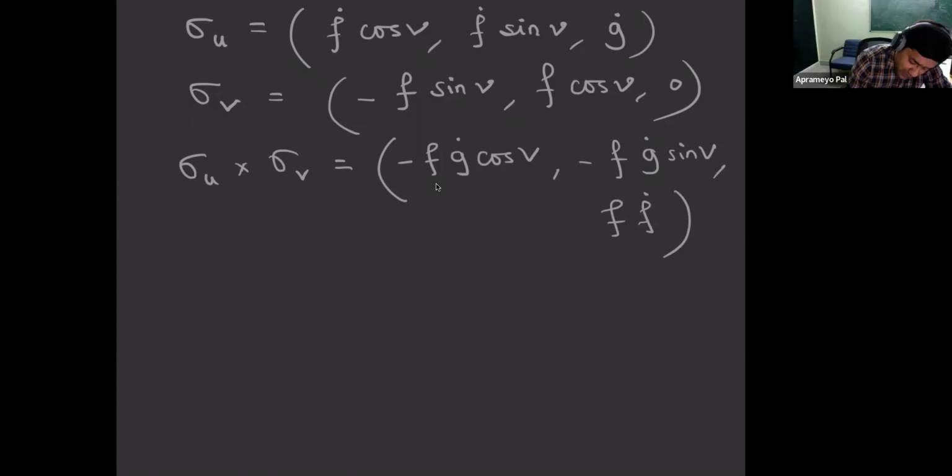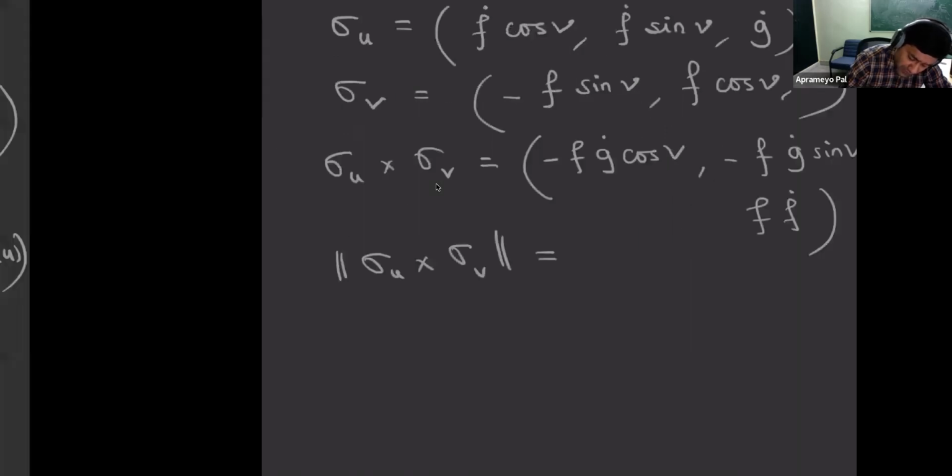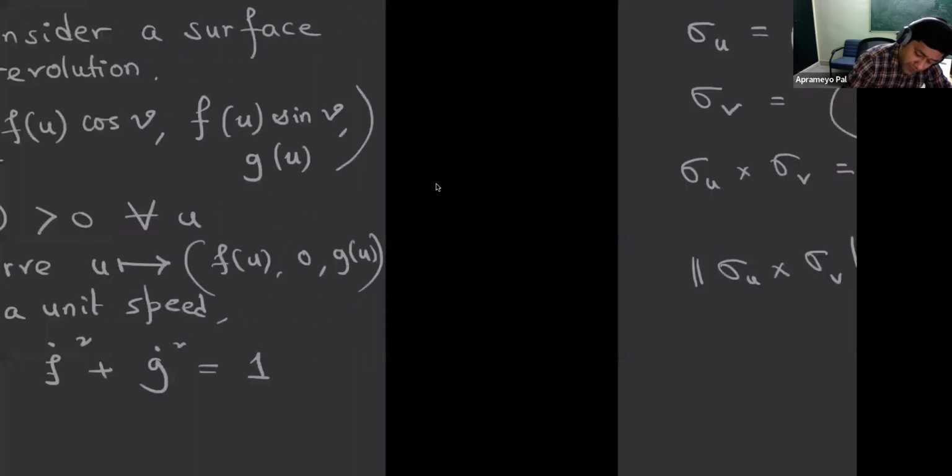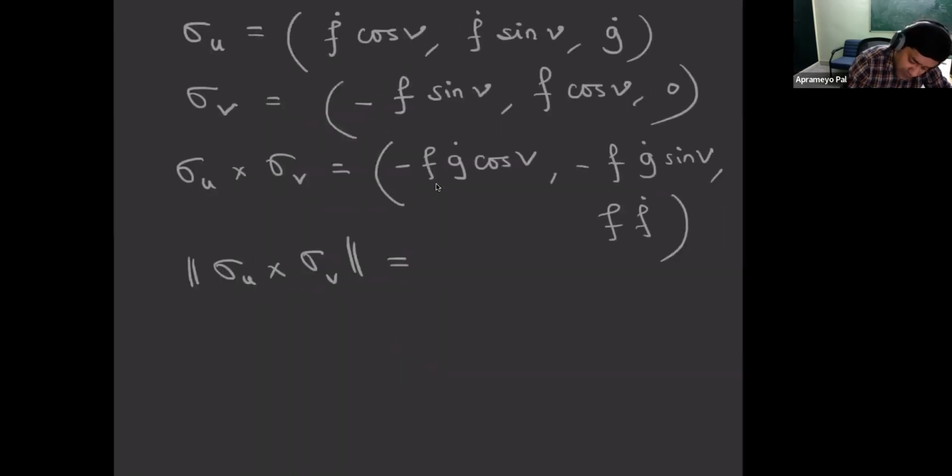And once you have sigma u cross sigma v, then the norm of this, using the property, you would find is nothing but f only.